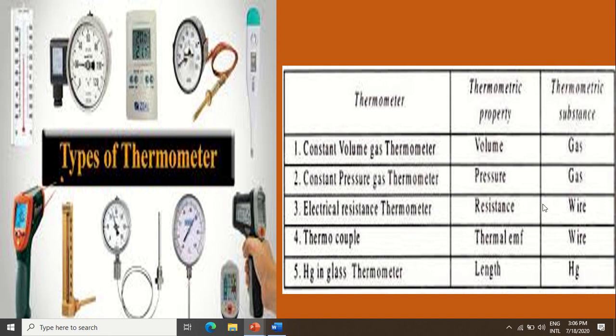Property is resistance and thermometric substance is wire. I have shown in the previous slide platinum wire. So platinum wire can be the thermometric substance. Thermocouple, thermal electromotive force. Here also wire. Mercury in glass thermometer. Here length is the thermometric property and mercury is the thermometric substance.